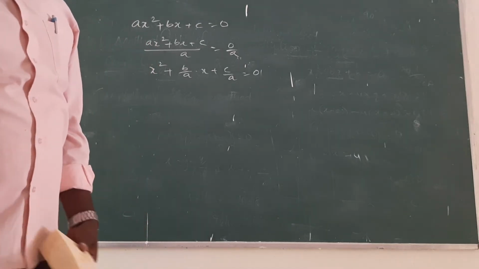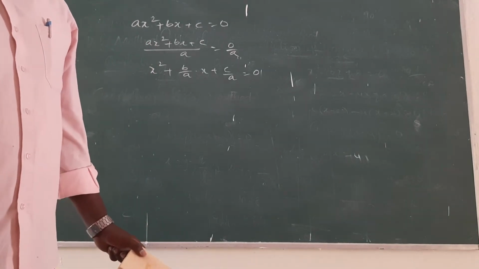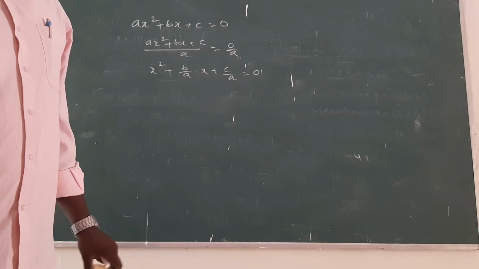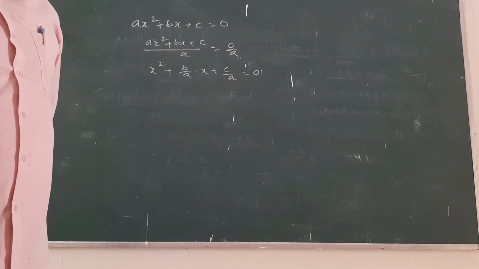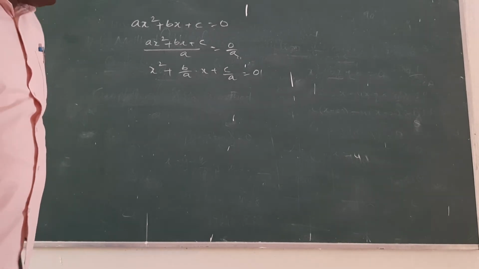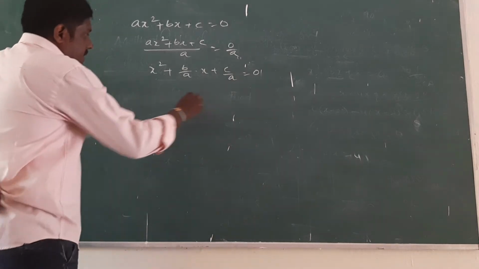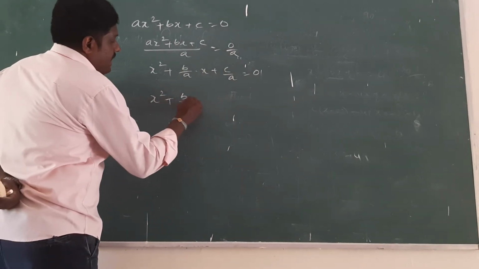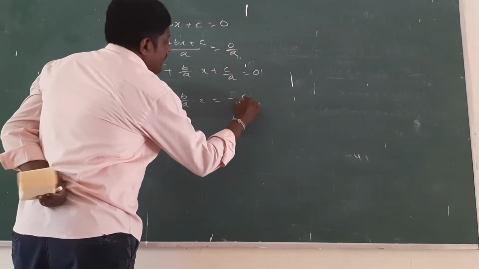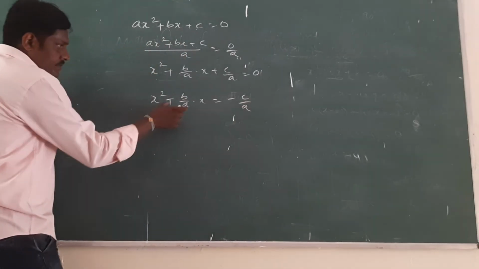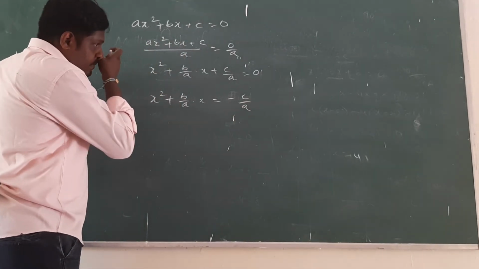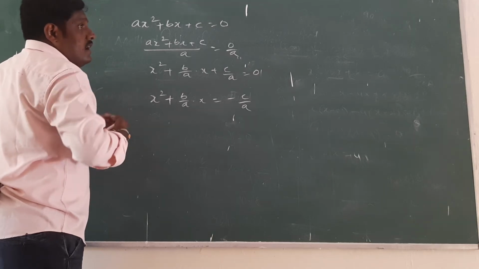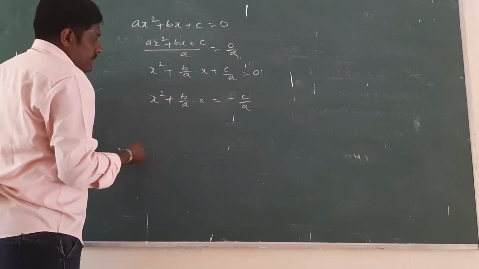The second step is rearrange the equation so that the constant term c by a is on the right side. That means send c by a that side, x square plus b by a into x is equal to minus c by a. Now observe the LHS, we should convert the terms in the perfect square.